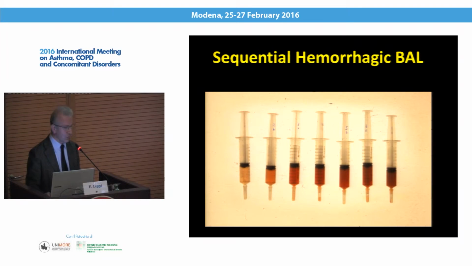The diagnosis may be made using different aliquots of bronchoalveolar lavage, in which we see a progressive increase in the concentration of red blood cells between the first and the last aliquots.